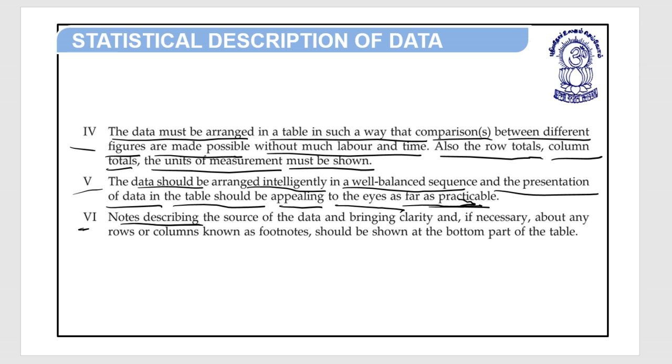Sixth, notes describing the source of the data, and bringing clarity if necessary about any rows or columns, known as footnotes, should be shown at the bottom part of the table.